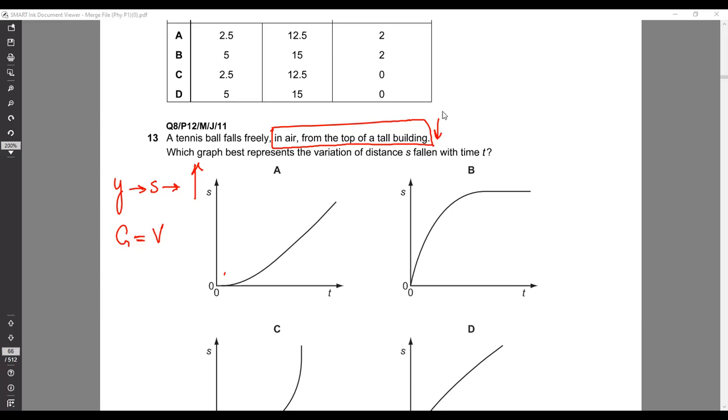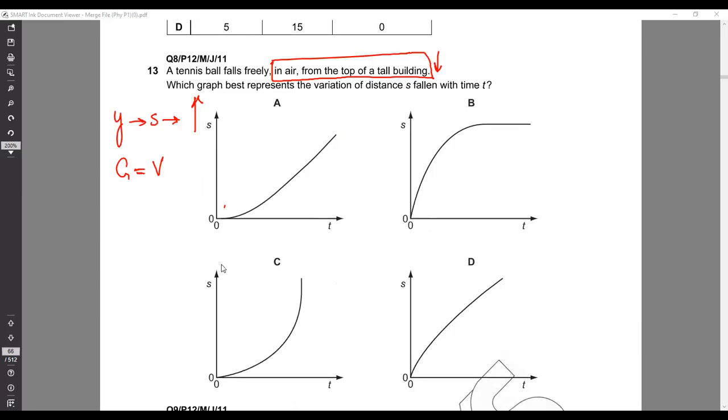It's a simple thing. As we drop an object, what happens to velocity? The velocity will increase. That's right. So look at the graph cases where the gradient is increasing. In which graph is the gradient increasing? It's A and C. Got it?